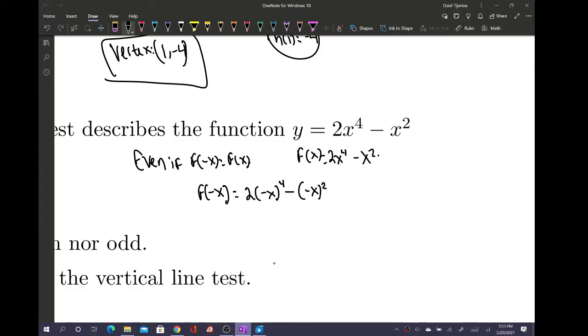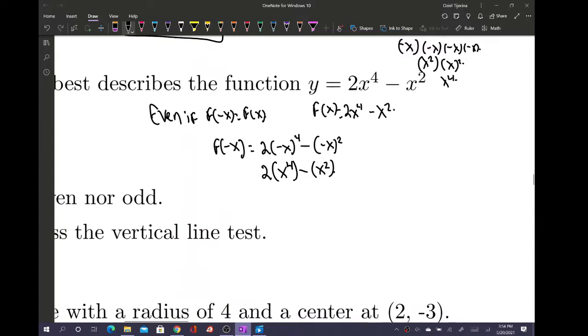Now, -x to the 4th power is -x times -x times -x times -x, which is x squared times x squared, that is x to the 4th. And -x squared is just x squared.